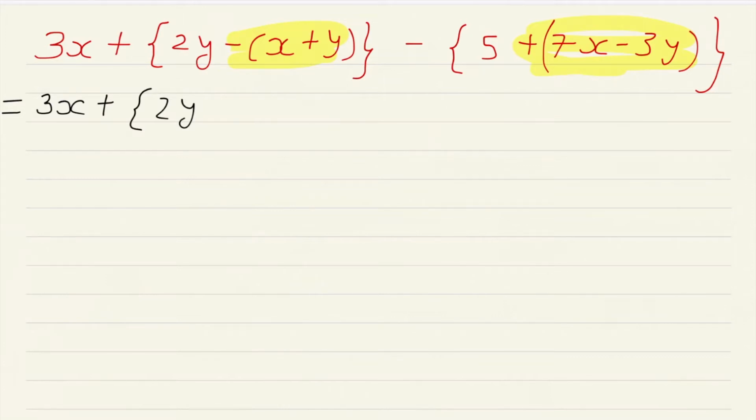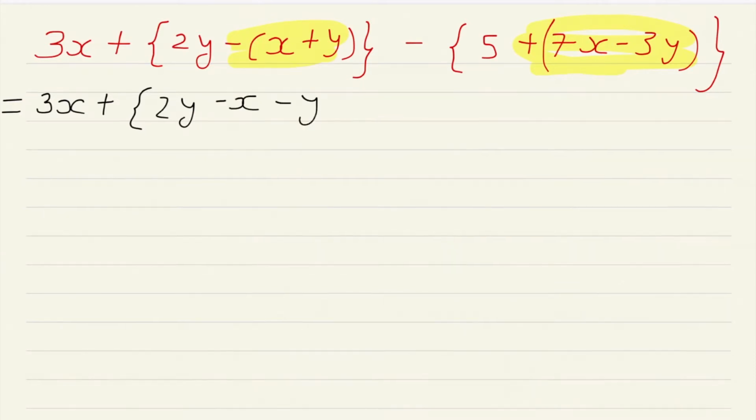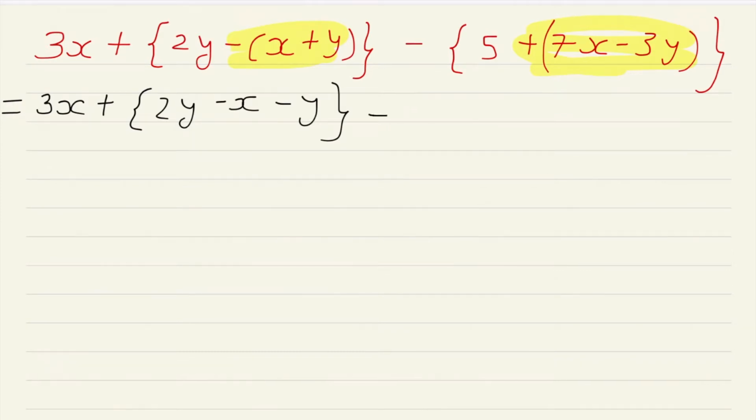So positive x becomes negative x, and positive y becomes negative y, minus 5. This parentheses has plus in front of it, so we take the terms out as they are, so that's plus 7x minus 3y.